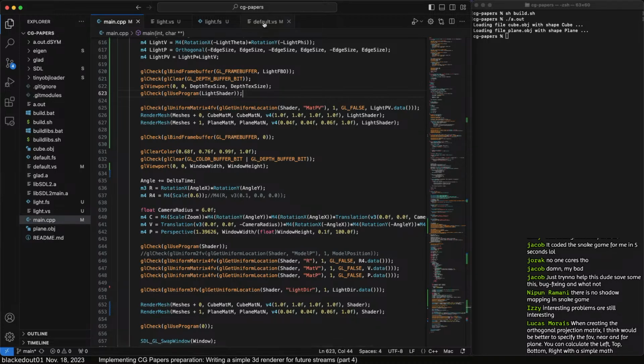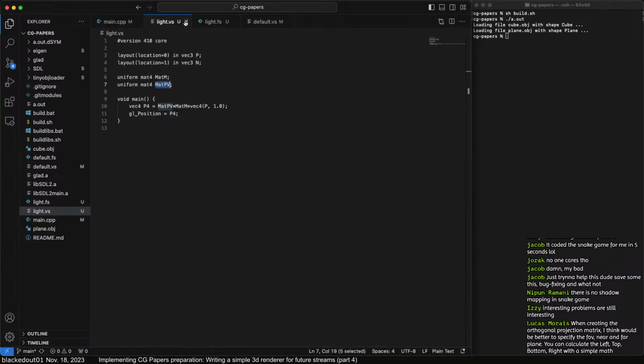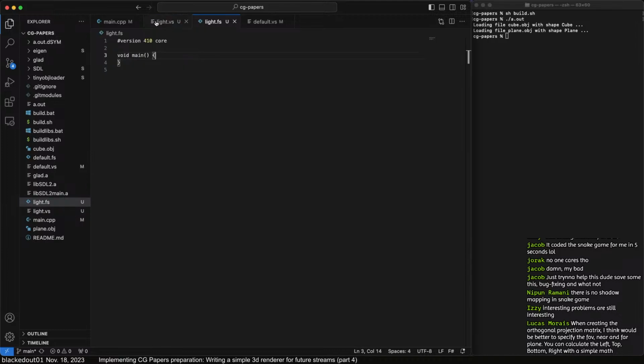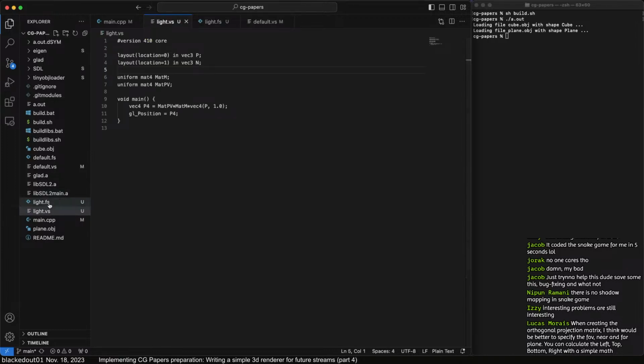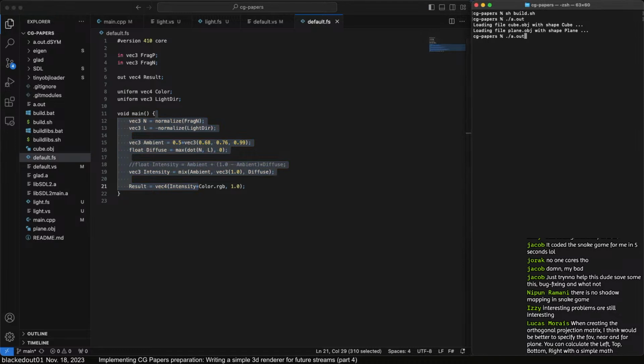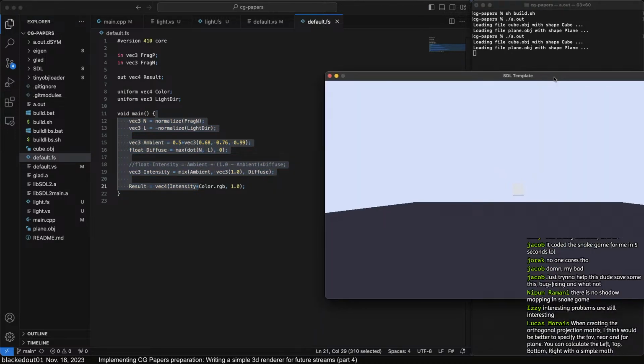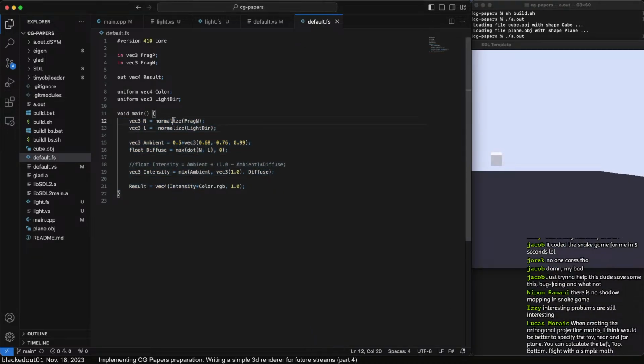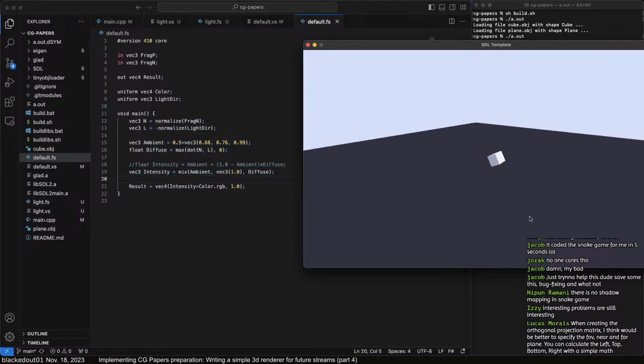So the light stuff is done, now we need to use the light map in the default fragment shader, because here is where the actual lighting happens. In this shader, we compute the light intensity and the shading of the actual result we see on the screen.